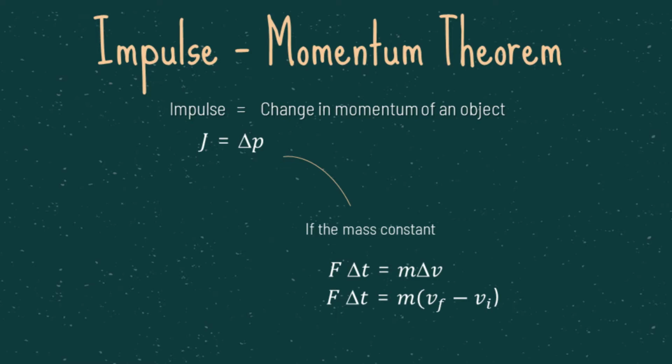F for force, T for time, m for mass, and v for velocity. And our m, our mass, since it's constant, we only have one value. For v, we can have two values, which is velocity final minus velocity initial.